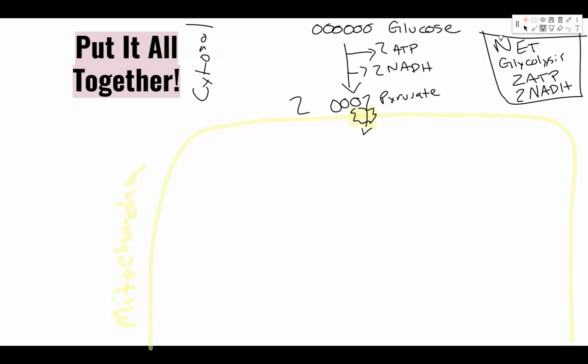So we start with our pyruvate. We are going to have NAD plus go in, and we're going to get NADH out.